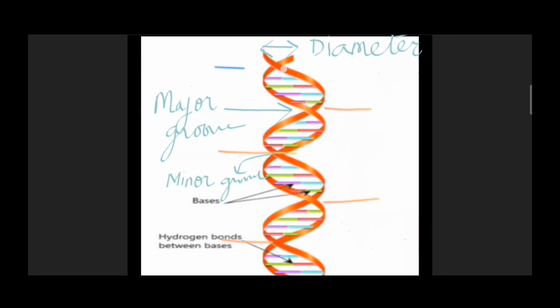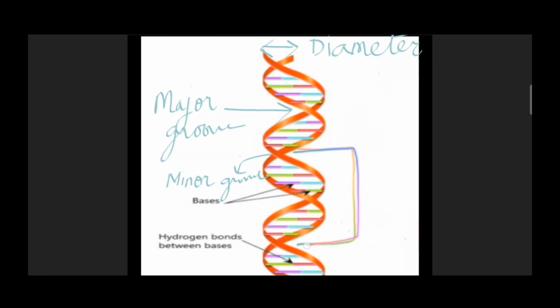These all are major grooves, right? So if I have to say that this DNA has completed one turn, then I'm going to take this major groove and then this major groove, and say that this is the complete turn of that particular DNA.